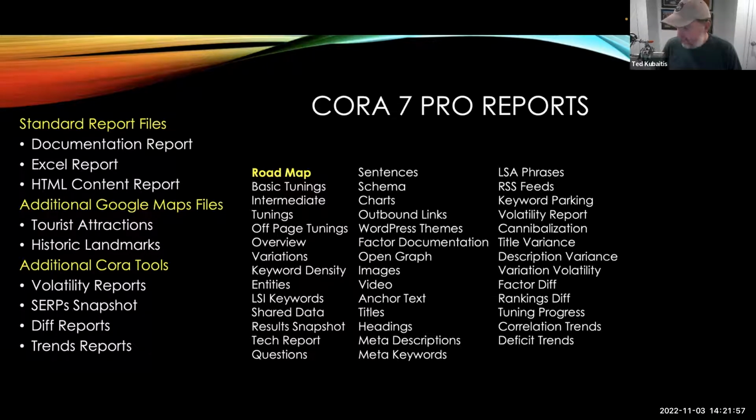So in Cora, there's a ton of reports. So this is the start of the overwhelm. There's these files that can be created and there's these outputs. And so there's a lot here. But the thing I want you to know going into it is that even though we're giving you data on all these things, I just want you to spend 95% of your time in one of them.